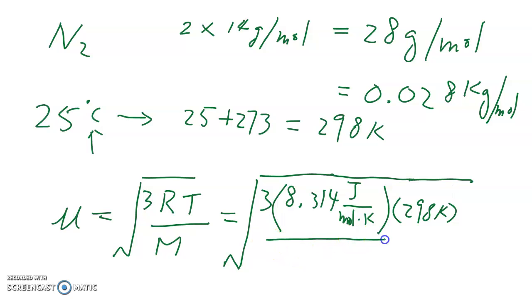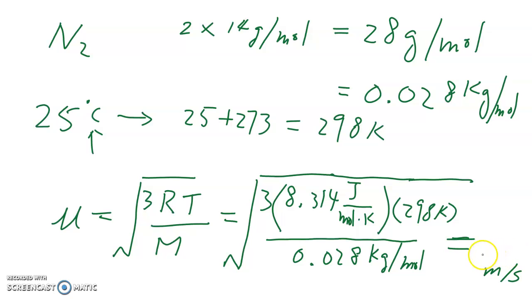Then divided by the SI unit of the molecular weight, 0.028 kg per mole. If we put everything in SI units, we expect the unit of meters per second. We punched everything into the calculator, and what I got was 515 meters per second.